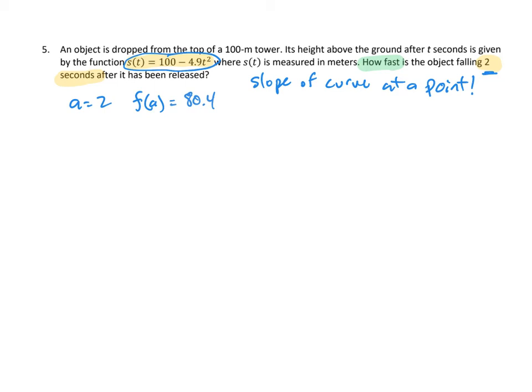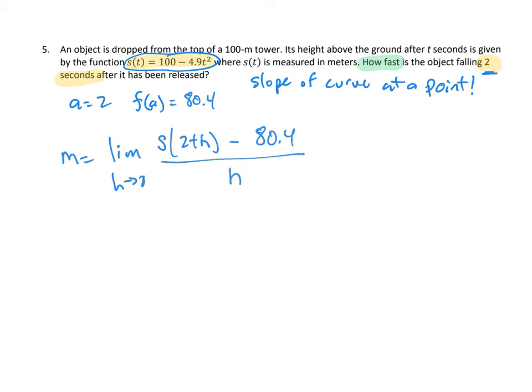Okay, so let's get that speed, right? How fast? And that's just the slope. It's the limit as h approaches 0 of, and let's use the right word here, we're going to do s of 2 plus h minus s of 2, which we already said was 80.4, over h.